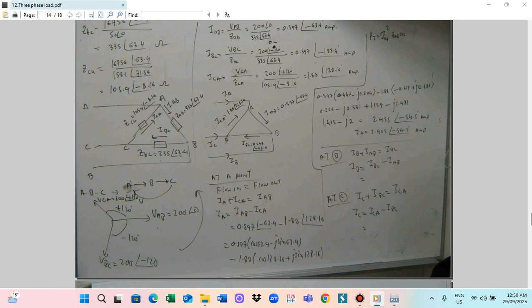So this becomes 0.597 times 0.447, minus j times the sine, which is 0.894.